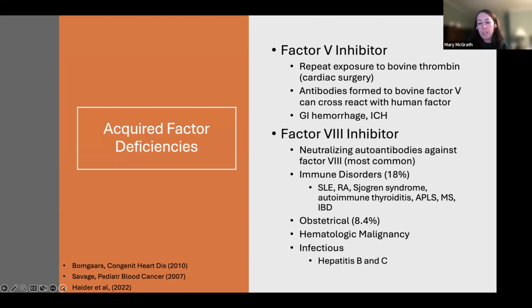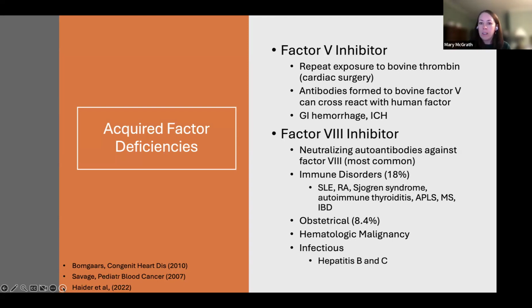For patients with acquired hemophilia, acquired hemophilia A, which is factor VIII, is the most common. It's exceedingly rare, but it can be seen in the setting of immune disorders, including lupus, rheumatoid arthritis, autoimmune thyroiditis, and antiphospholipid syndrome.